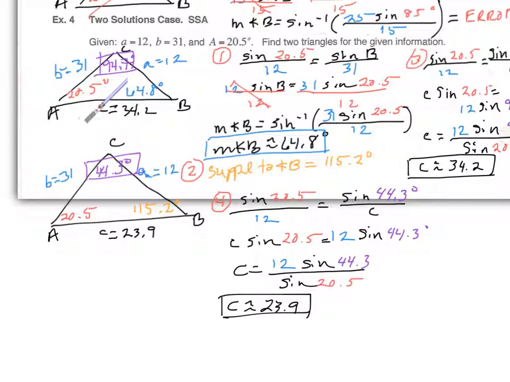And our largest angle in this one is the 94.7. Is that our largest side? Seems reasonable. Smallest angle, smallest side. This time, B is our largest angle. Is that our largest side? Yep. So it's reasonable. Any questions?